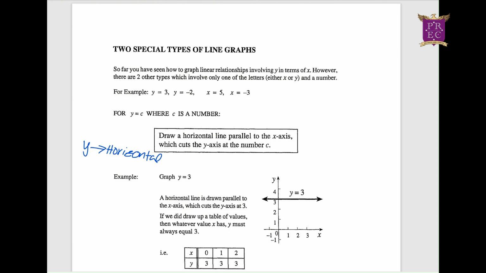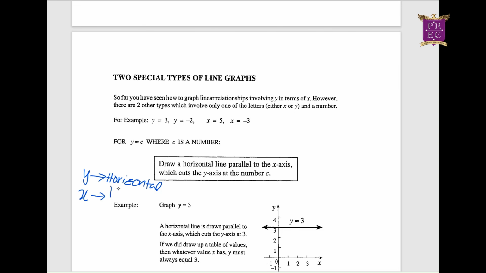It doesn't matter what the x value is, the y value will always be 3. And for y to have the value of 3 for the whole line, it has to be horizontal, because at 1 it's equal to 3, at 2 it's equal to 3, at 3 it's equal to 3. So that's how you know that y is equal to 3 is a horizontal line.